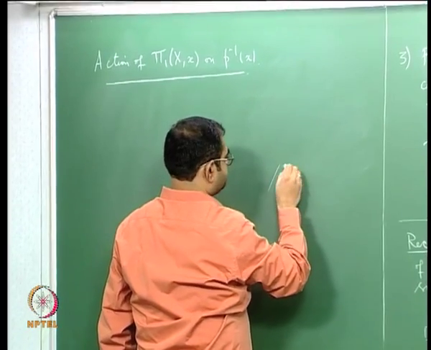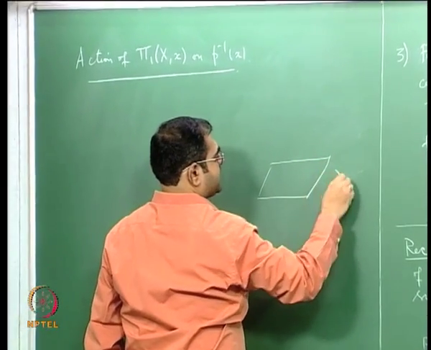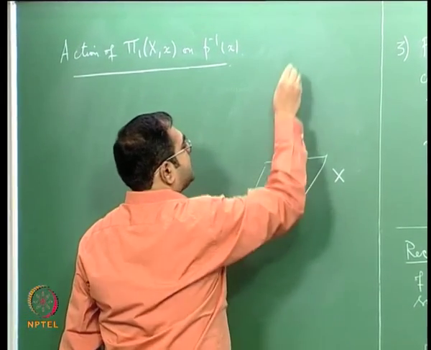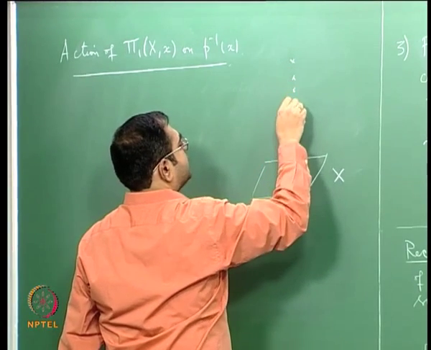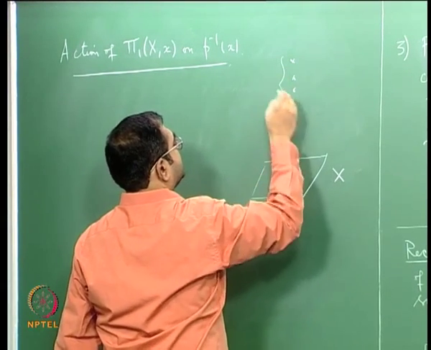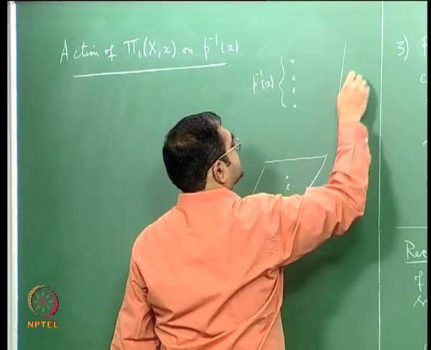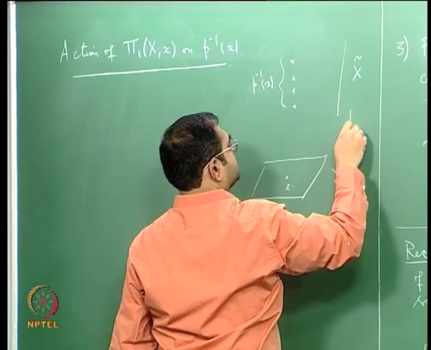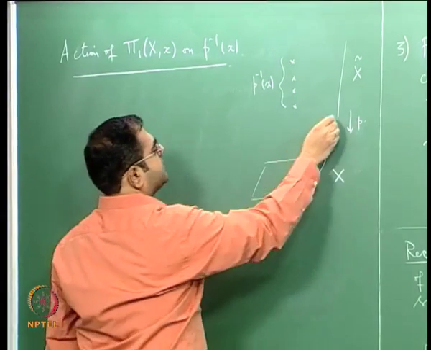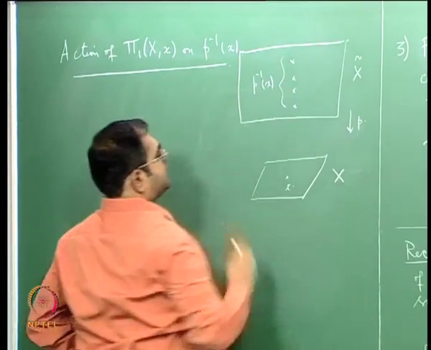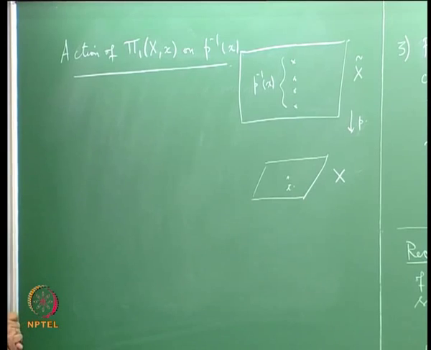I have x, I have the point small x, and I have various points above which are all in the fiber over this point, and all this is in X tilde. So this is the projection P, right? So it looks like this roughly.